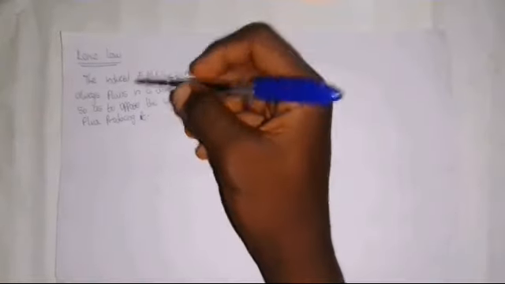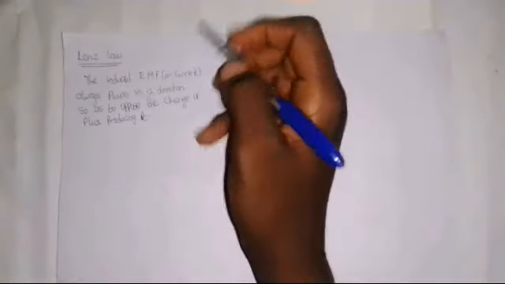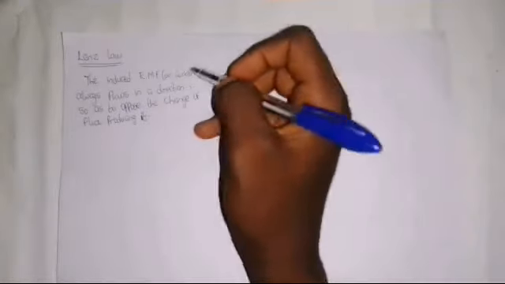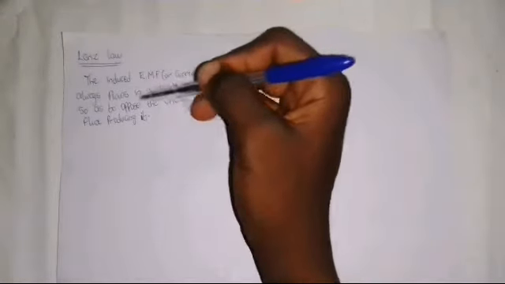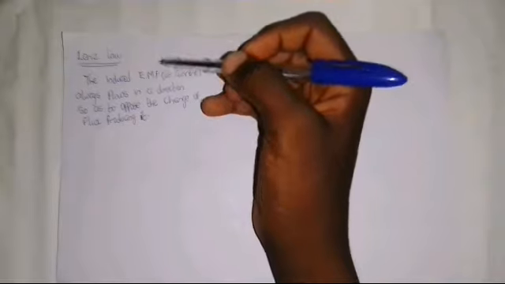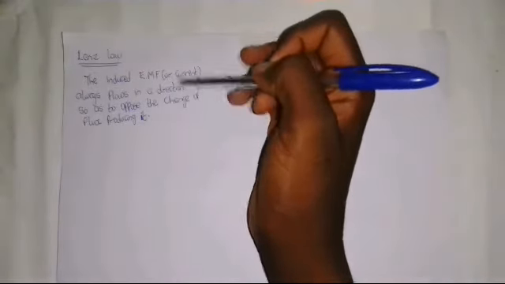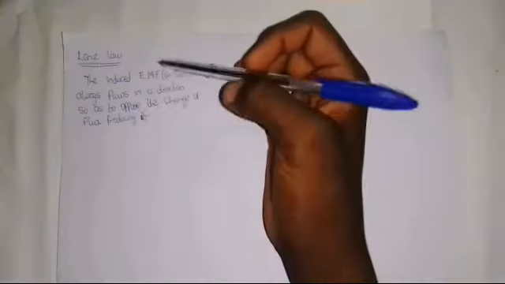We are finally at Lenz's law, and it states that the induced EMF or the induced current always flows in a direction so as to oppose the change of flux producing it.